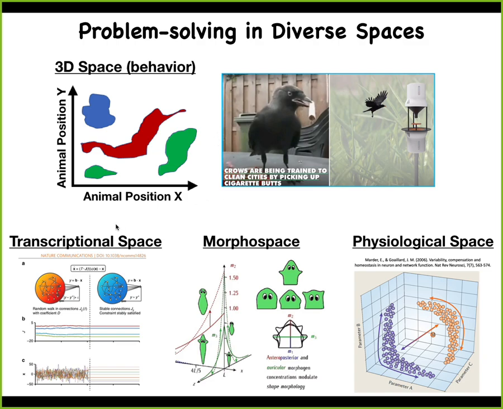But there are other spaces, including transcriptional spaces, morphological spaces, and physiological spaces, where biological systems execute very similar kinds of intelligent behaviors. And if we had imagined, for example, if you had an innate sense of your blood chemistry, the way that we do with vision and smell and so on, if you could feel the different components of your blood chemistry, you would have no trouble recognizing your liver and your kidneys and so on as intelligent agents that were navigating that space with all kinds of interesting competencies.